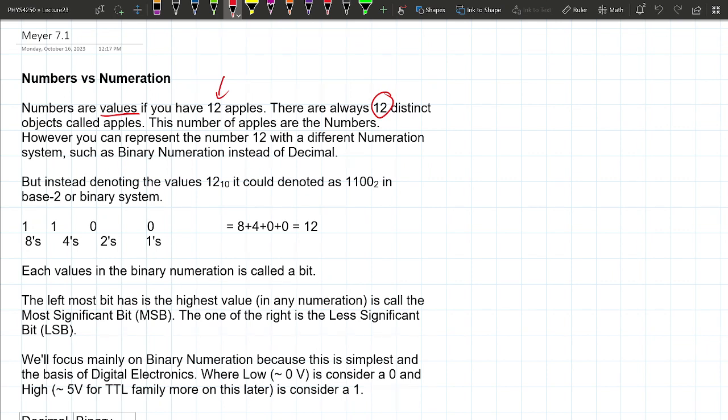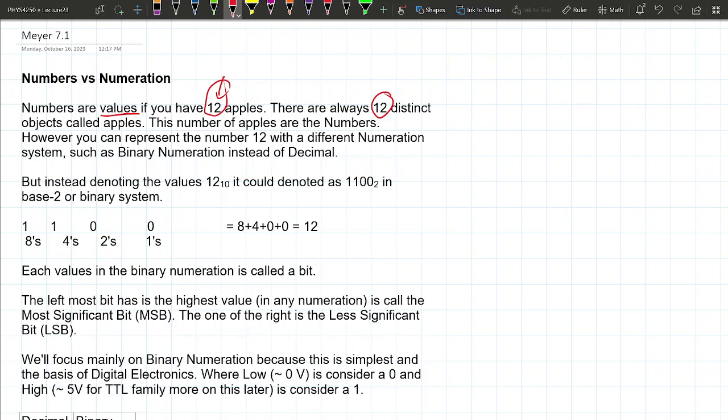Okay? And this thing I'm saying, 12, the word itself is actually what's known as a numeration. This is how we refer to this particular number. So in English, this number is represented by the word 12, or 10 plus 2, whatever it is.